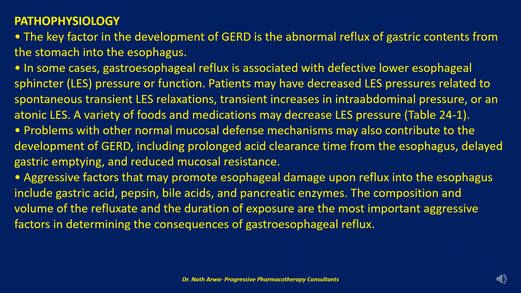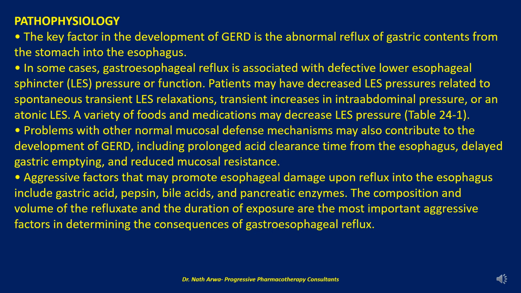Let's now focus on the pathophysiology of gastroesophageal reflux disease. 1. The key factor in the development of gastroesophageal reflux disease is the abnormal reflux of gastric contents from the stomach into the esophagus. 2.